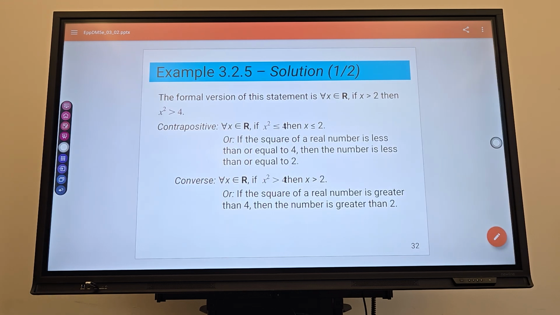I think I got those right. Yeah. If the square of a real number is less than or equal to 4, then the number is less than or equal to 2.